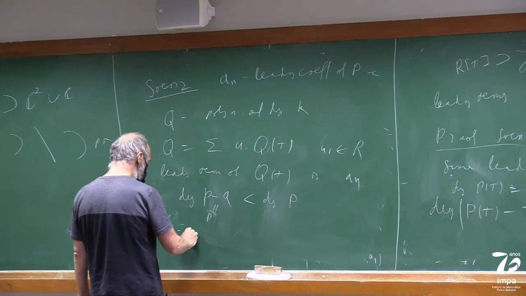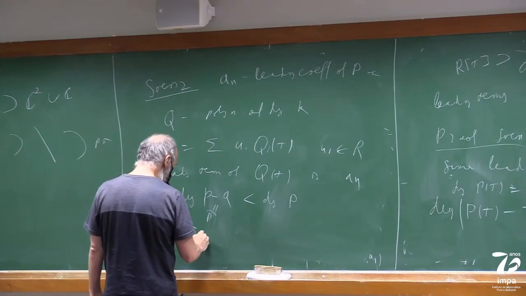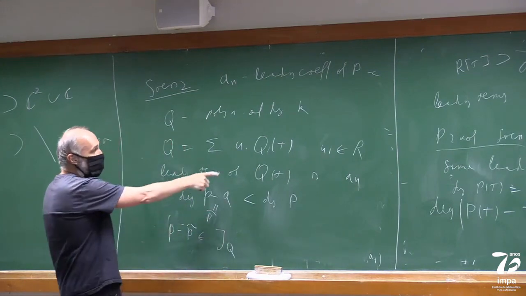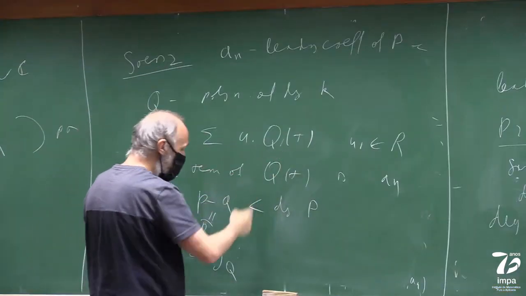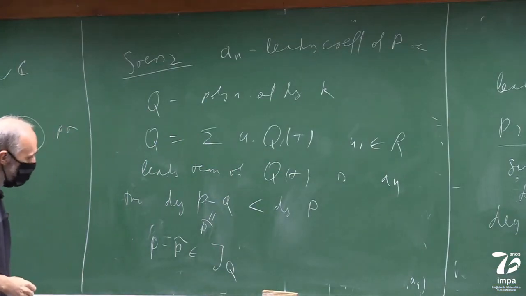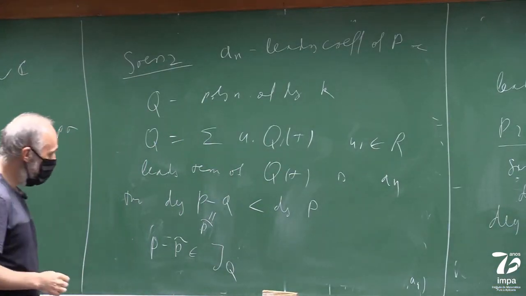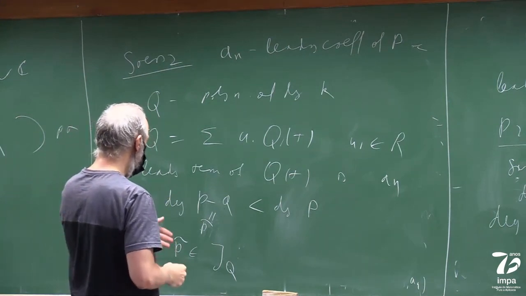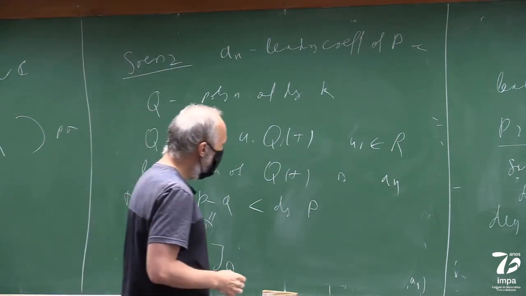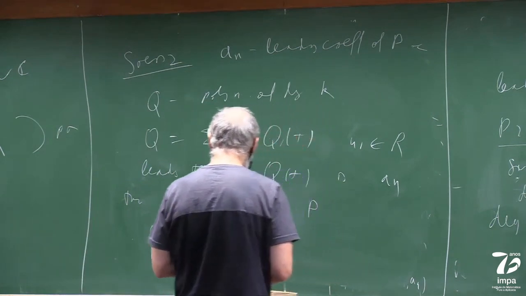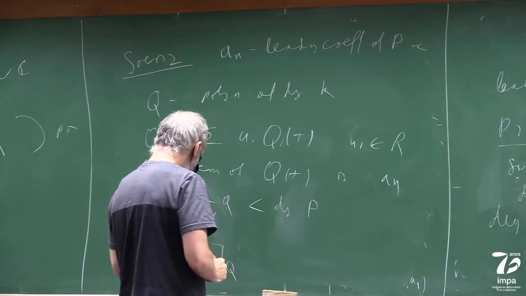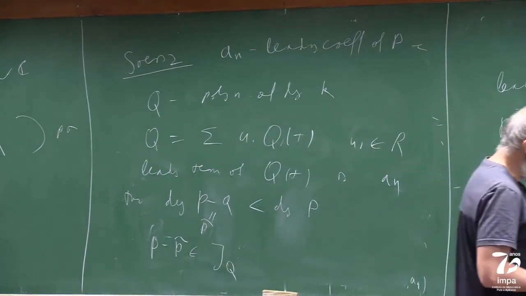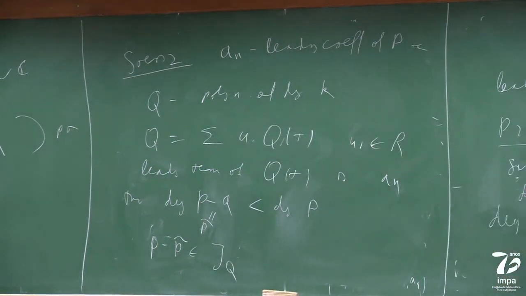P minus P tilde belongs to J_Q, because this is Q, and Q is a linear combination of Q_i which belong to the ideal. So I found a polynomial of smaller degree which has the same properties, and then I can use induction by degree.